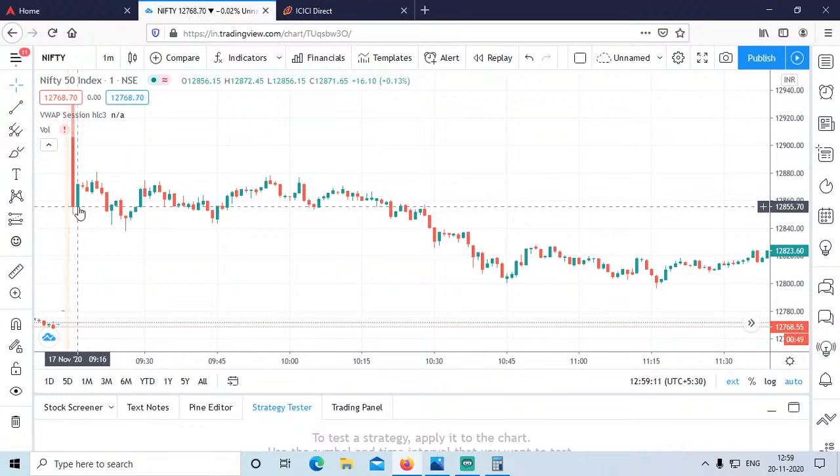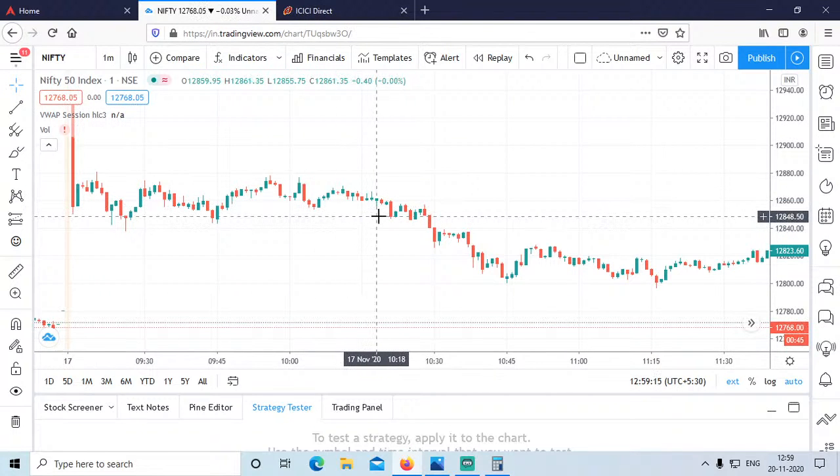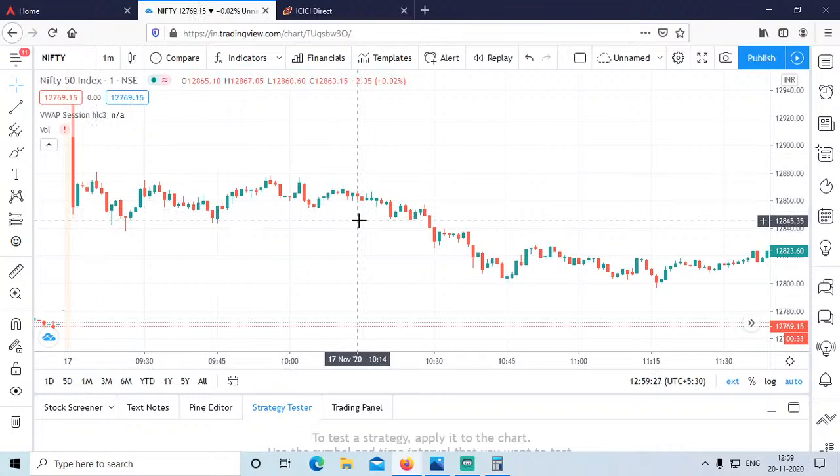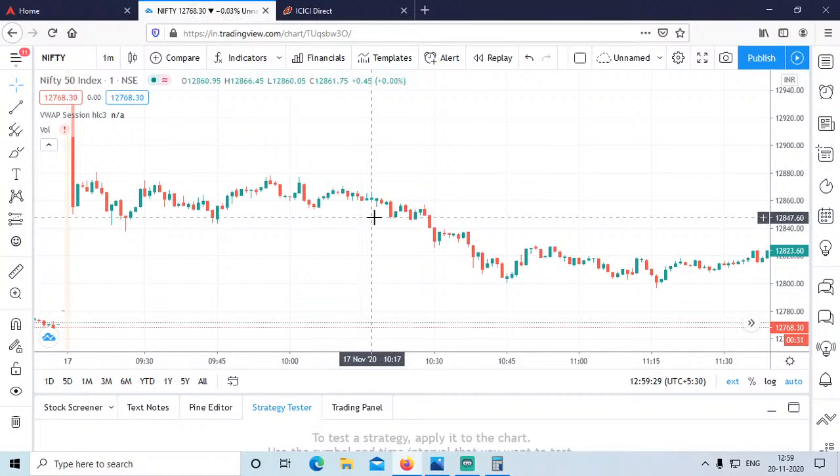After that, from 9:16 to 10:15 the market is sideways. So even if you enter around 9:20, the market did not move anywhere else. So till the first 1 hour you have to be careful.